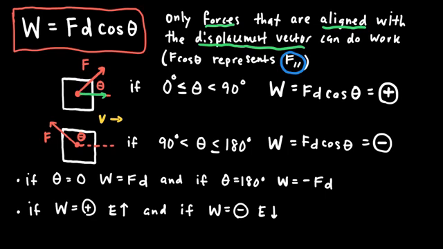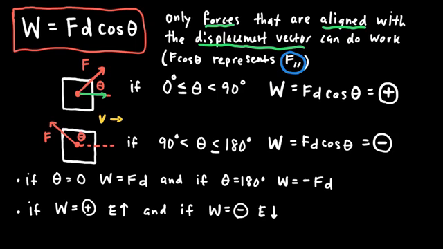For any angle between 0 and 90 degrees, the work done will be positive, because in those cases the object's energy increases.